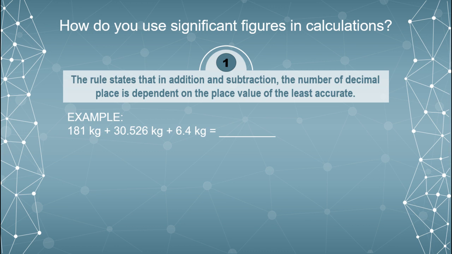So, if you're given 181 kilograms plus 30.526 kilograms plus 6.4 kilograms, calculate using significant figures. Now, again, we'll rewrite this in vertical form. So, mahimo na siyang kana. Okay.